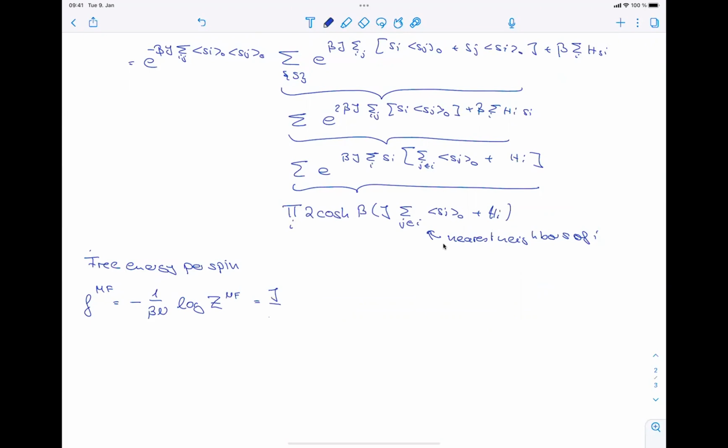If you take the log of the exponential, we get a linear term, that is minus beta J over N, sum over ij of s_i s_j. And then the second term we keep, where we take the logarithm of 2 cosh.